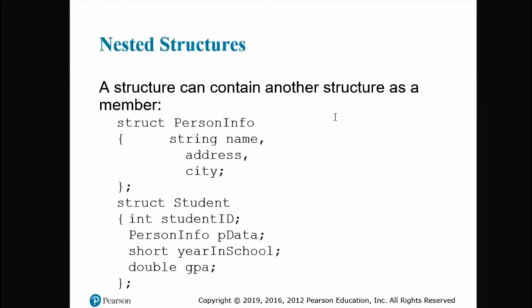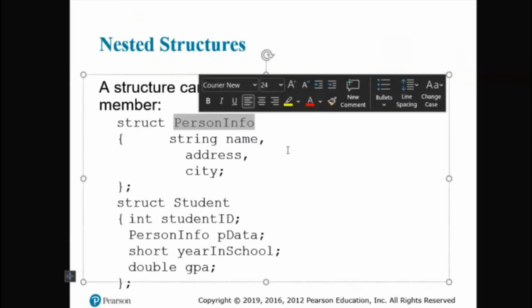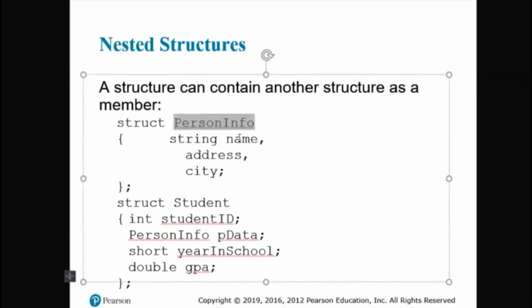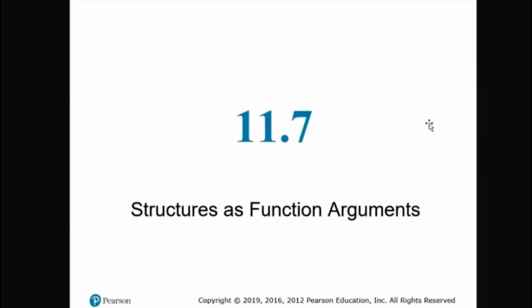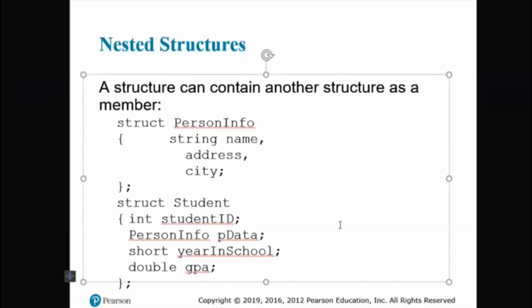Let's suppose we have one structure, personal information, like name, address, and city. So this is one structure, and after that we have another structure, student. In the student structure we have int student ID, but after that personal info is this one.